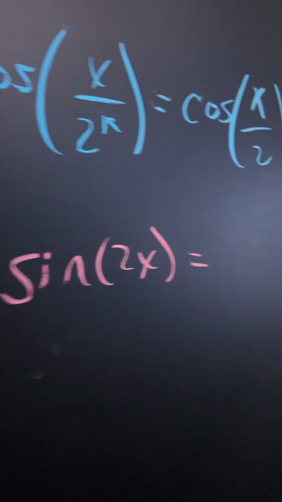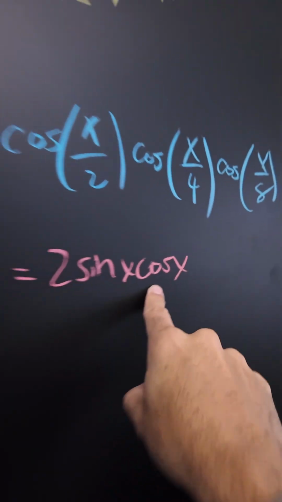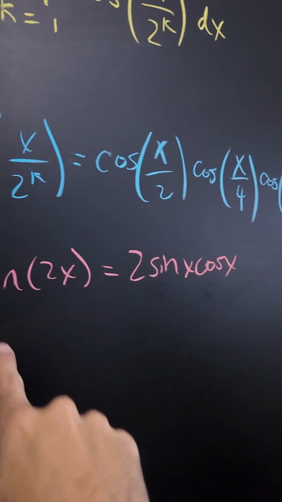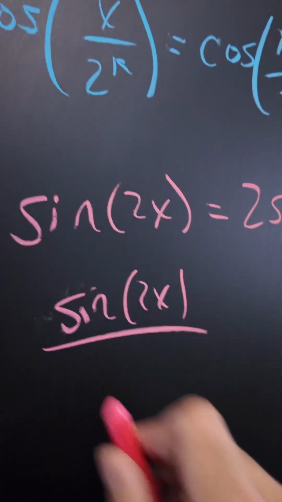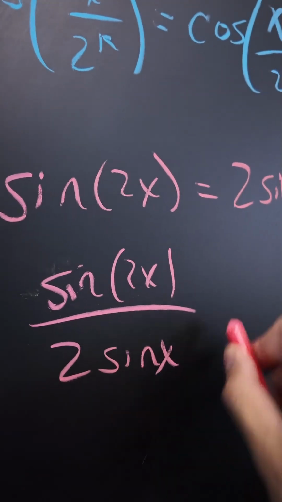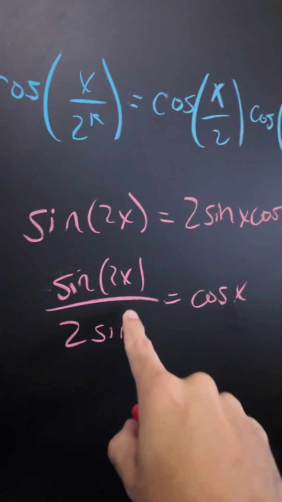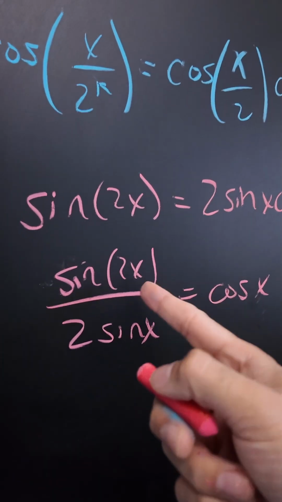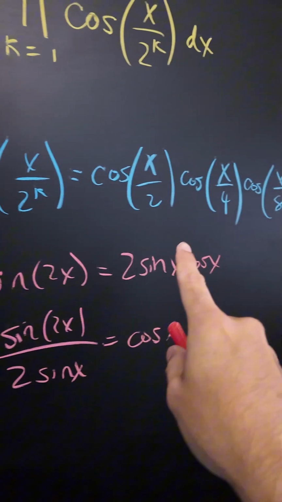But the sine of 2x is gonna be 2 sine x cosine x, which gives us the cosine that we need. So if we divide the 2 sine to the other side, we'll have sine of 2x over 2 sine x, and that's gonna equal cosine x. So whatever this term is, this is gonna equal sine of twice that value over 2 times sine of the particular value. And that's what we're gonna need over here.